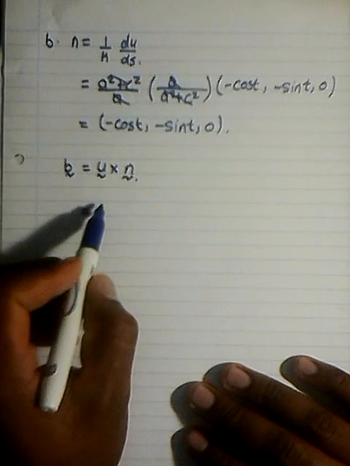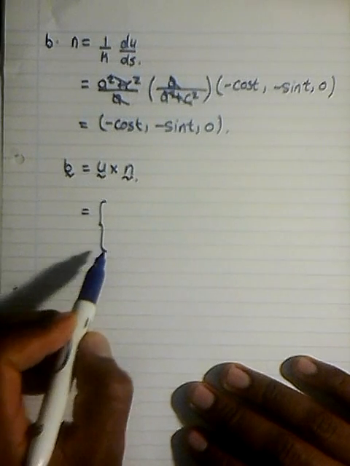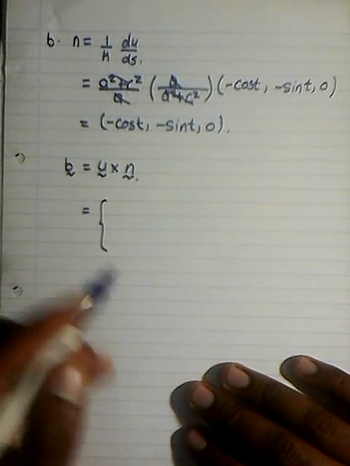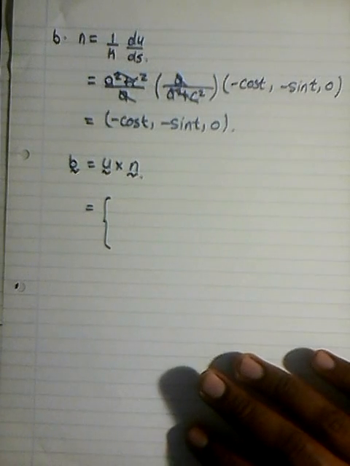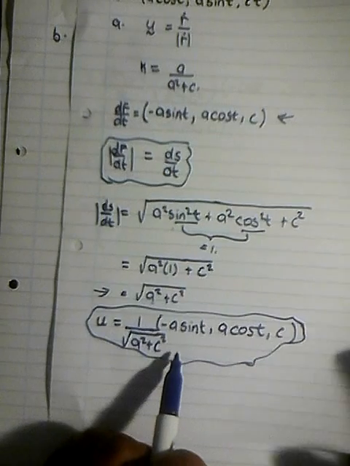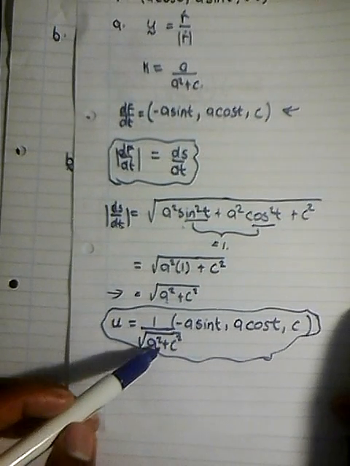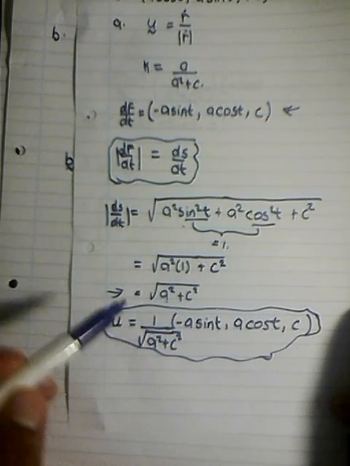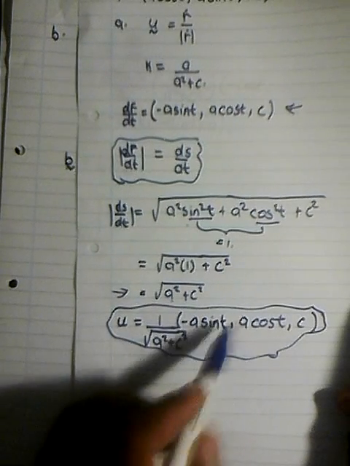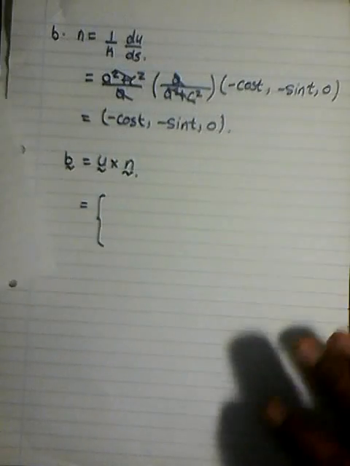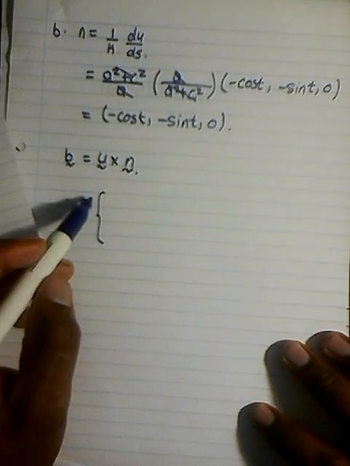So for me it's much easier. We said that our u is this. I'm going to factor out 1 over the square root of a squared plus c squared, and just have this thing inside my bracket. I don't have enough space here.